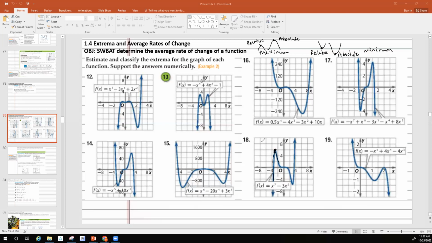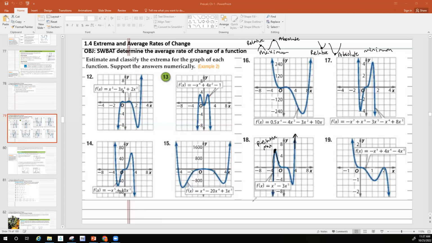That's our maximum. But then is that a relative maximum or is that the absolute maximum? So does it go any higher than that? Actually, it does. This one goes up forever. So because of that, this is a relative maximum.